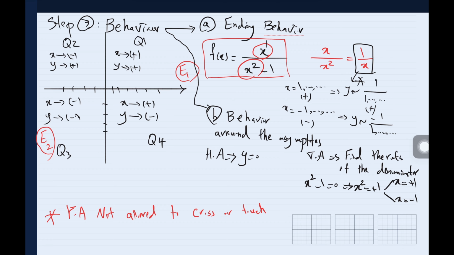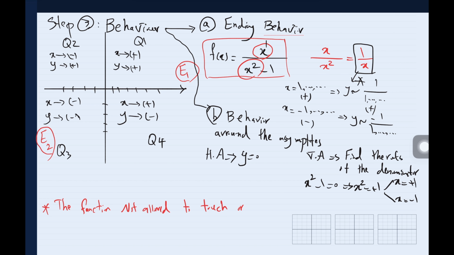So there is a key point here. The function is not allowed to touch or cross vertical asymptotes at all.